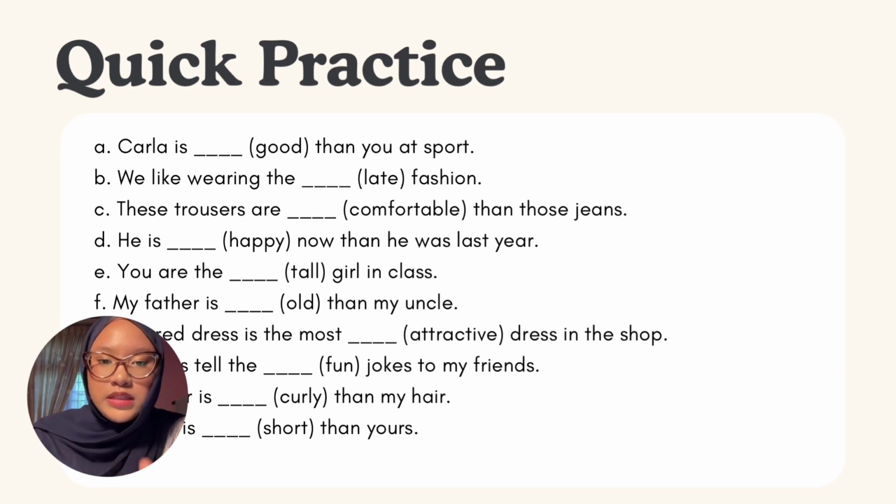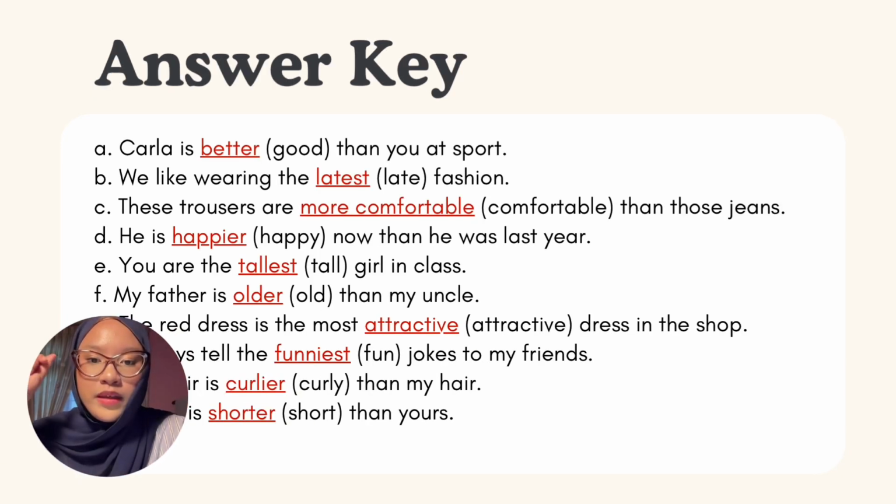So: these trousers are more comfortable than those jeans. Here we have the answer key for each of them. For D, he is happier now than he was last year, because of the word than. You are the tallest girl in class, because it compares one thing with a whole group of things.